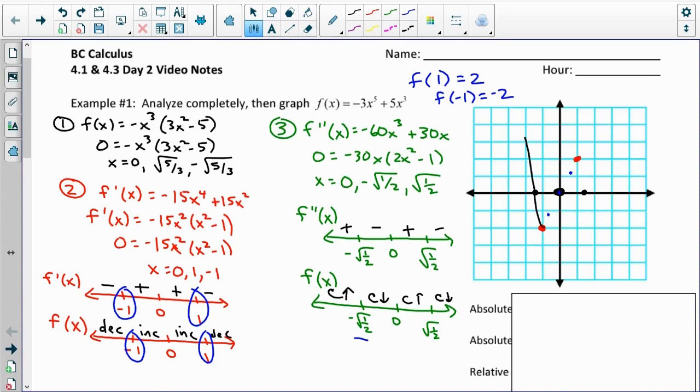until -1. Then it starts increasing and concave up until this blue dot. Then it stays increasing, but it's concave down. Then at the next blue dot, it stays increasing. Notice it is increasing all the way from -1 to 1, with the exception of 0, where it's neither increasing nor decreasing.